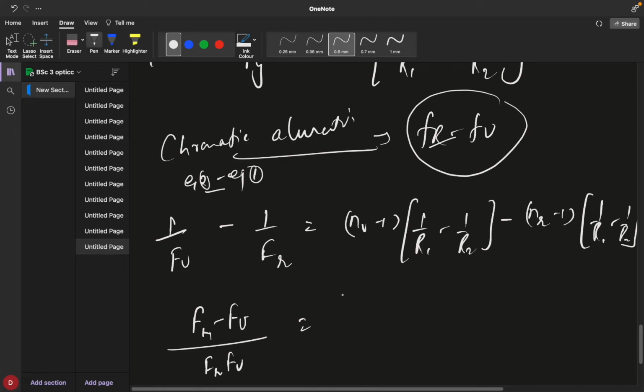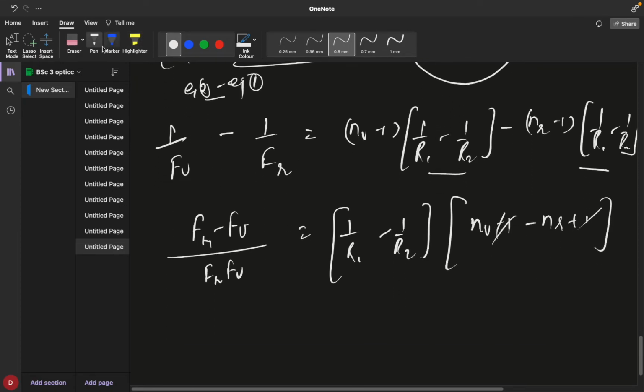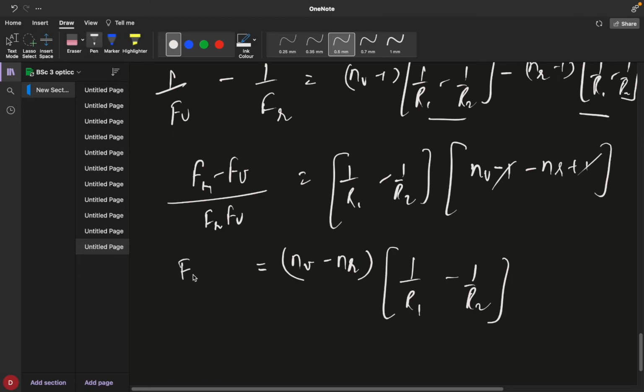This term (1 upon R1 minus 1 upon R2) is common, so we get Nv minus 1 minus Nr plus 1, and the 1s cancel out. So this is (Nv minus Nr) times (1 upon R1 minus 1 upon R2).